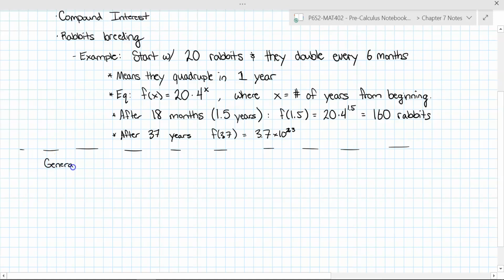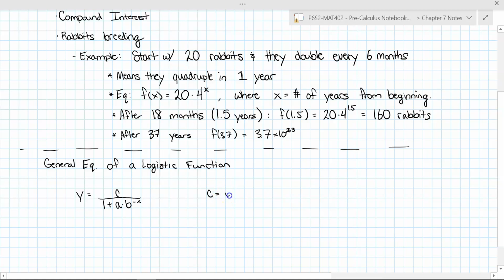So here's the general equation of a logistic function. We have y equals c over 1 plus a times b to the negative x is one way to write this. And there's a few restraints.